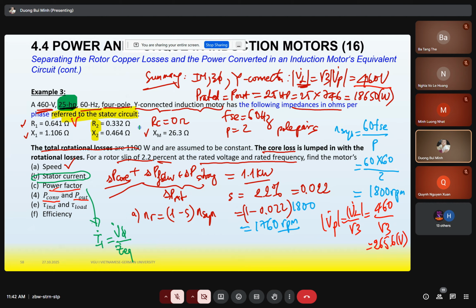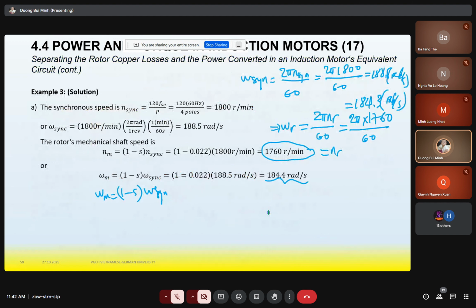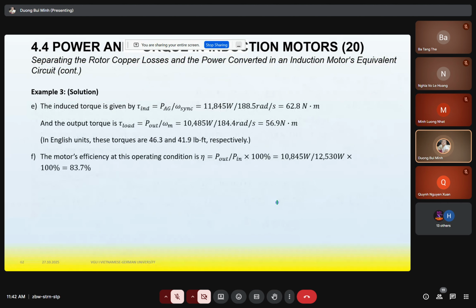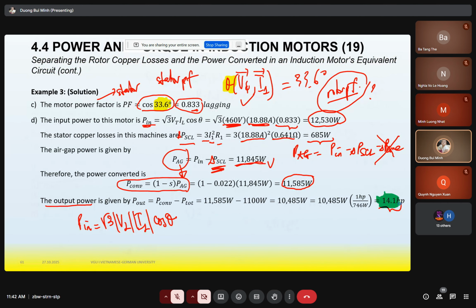Okay, but when we operate this induction motor with the slip 2.2, we only get the output is 14.4 HP. So this one is lower than the rated output. That's okay, no problem.